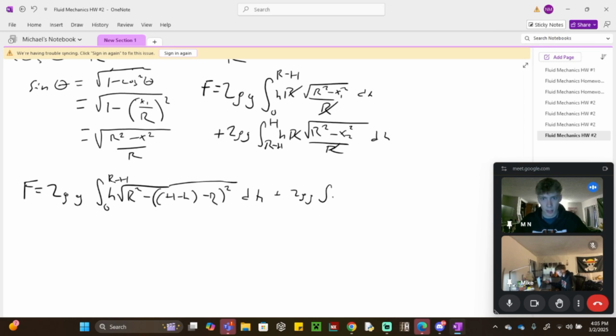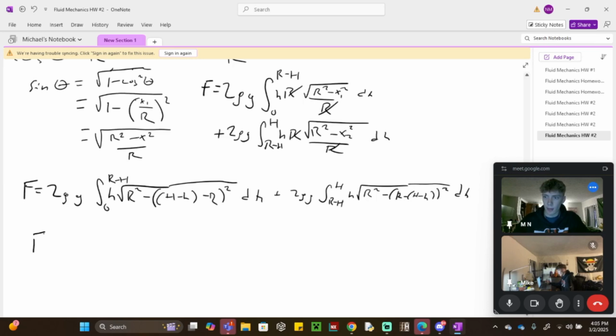This is our bottom half once again from R minus H to H of h square root of R squared minus x2 squared in this case, which we know as R minus big H minus h squared dh. And we notice that when these terms are both squared, they equal the same thing. So we can actually combine our integrals here.